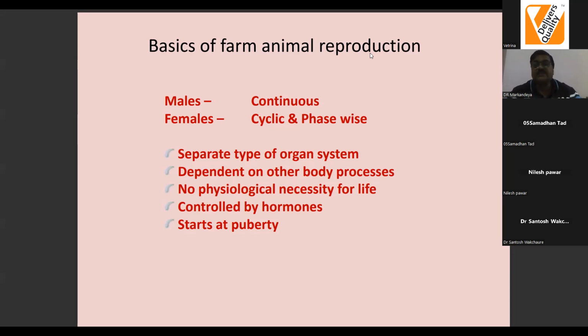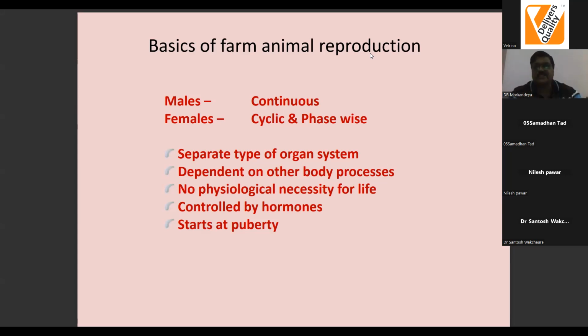Number 2, this is the only physiological activity in the body which is dependent upon normalcy and regularity of other body systems and processes. If the physiology of other body systems is normal, then only can the animal perform best as far as reproduction is concerned. Third important thing, in case of bitches, we know that even if we remove the entire reproductive system, the animal can survive. So survival is not related to this system.